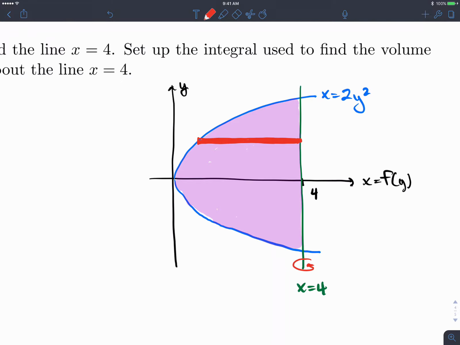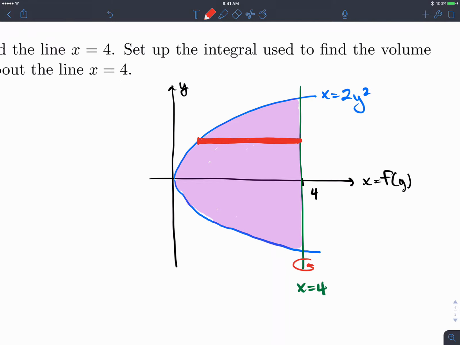If we divide and then solve, we're going to get y is equal to plus or minus the square root of 2. So the bounds that we're going to consider are from y equals the negative square root of 2 to y equals the positive square root of 2.